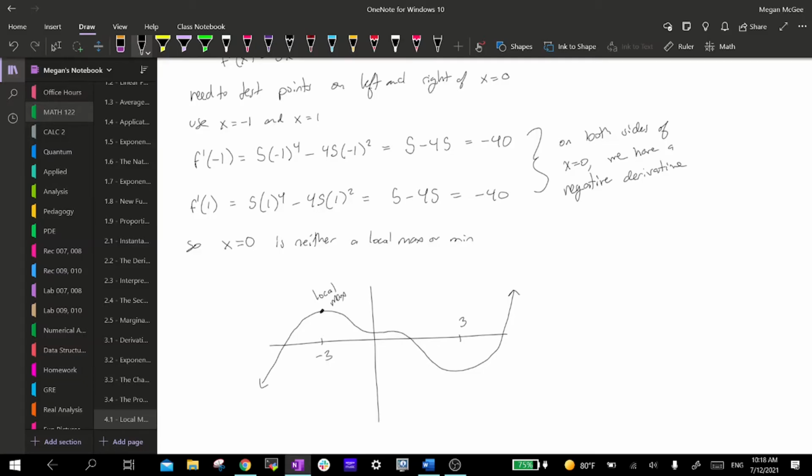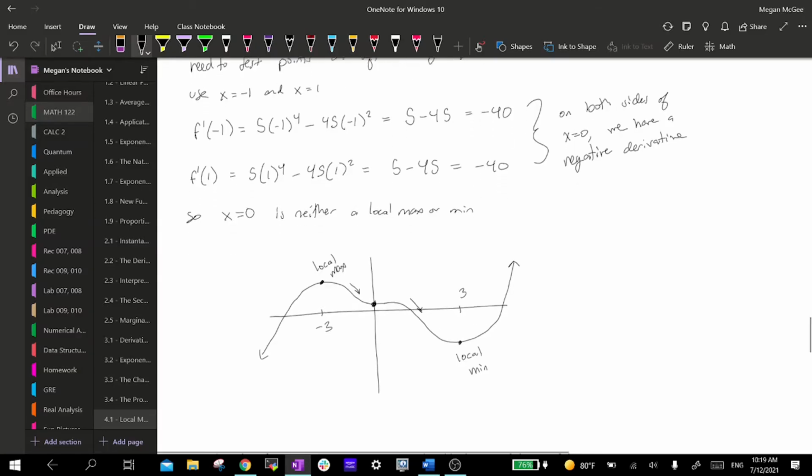And at positive 3 we said we had a local min. And at x is equal to 0 we said we had neither. So we see that yes, we had a horizontal tangent line there. But the graph just leveled off momentarily as it kept decreasing on both sides. All right, so that's what that can look like when you find a critical point that is neither.